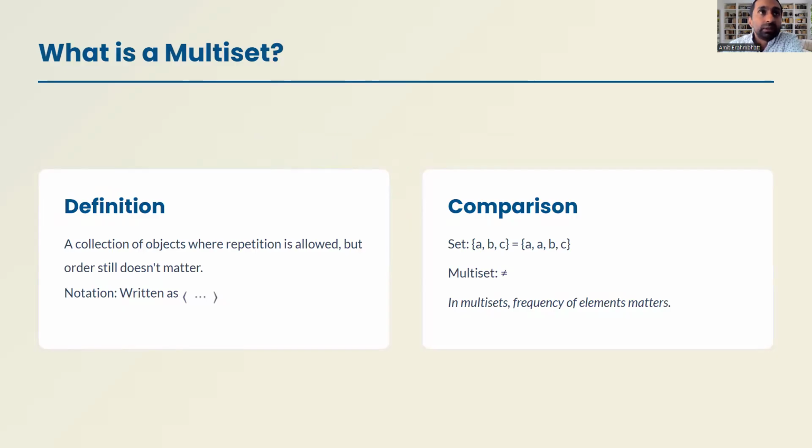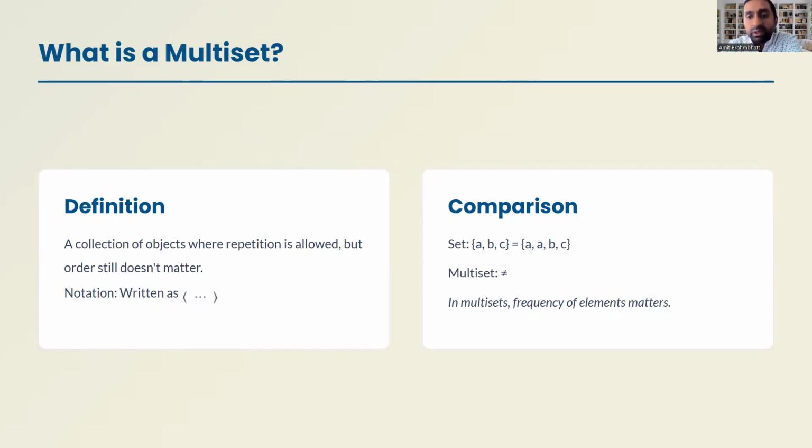So what is a multiset? A multiset is a generalization of a set where elements are allowed to appear multiple times, but the order of elements still does not matter. To distinguish them from standard sets, we often enclose them in angle brackets.